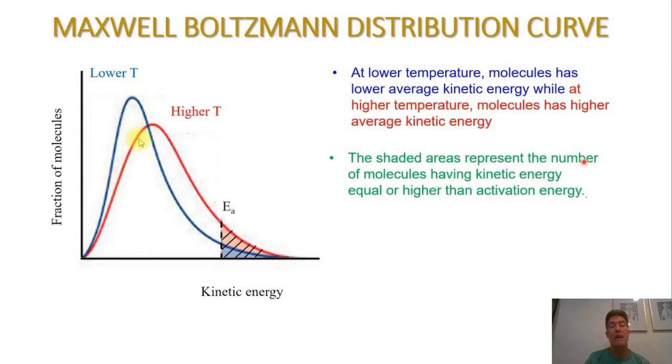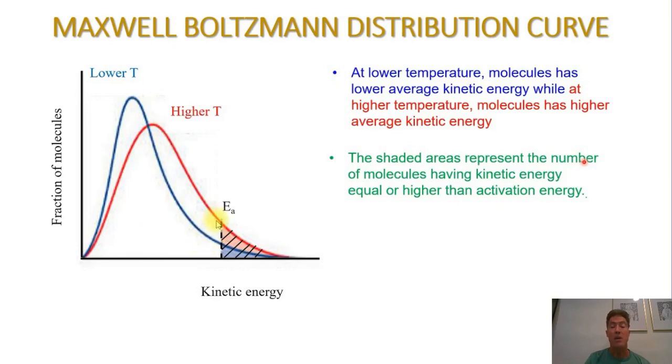As we increase temperature, it's going to shift the graph to the right. And since we're talking about the same number of particles, the graph is going to have to get lower because it sweeps out the same amount of volume. But it's going to shift to the right, so the overall average of kinetic energy is going to increase.